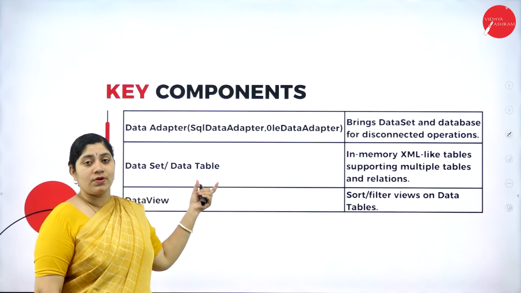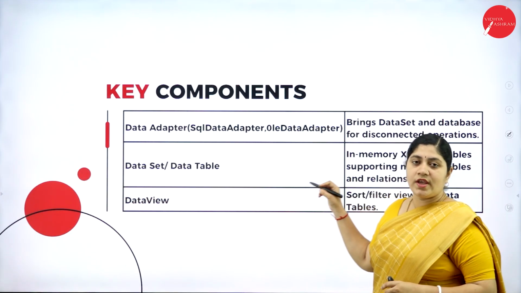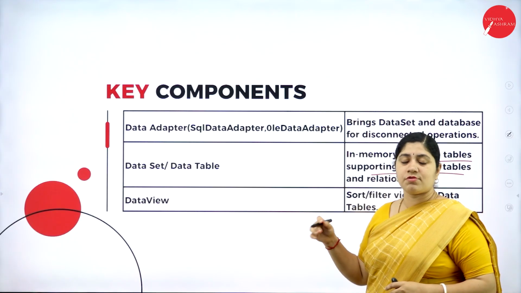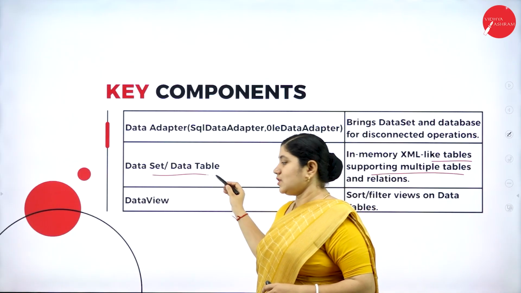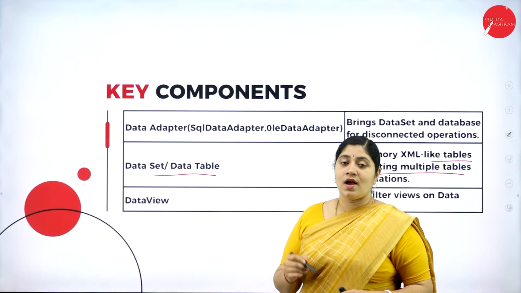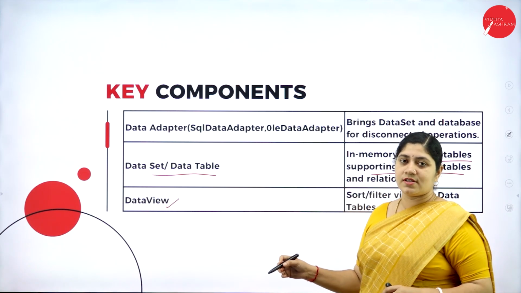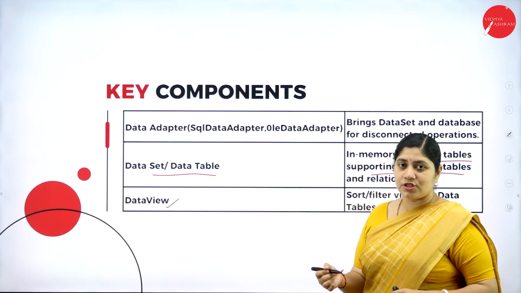Next one is the DataSet or DataTable. This is possible because of the support of XML files. In-memory XML tables as well as supporting multiple tables and relations are all possible by using this DataSet or DataTable. Up next is the DataView. The DataView, as the name itself says, is used to view the data or the information.